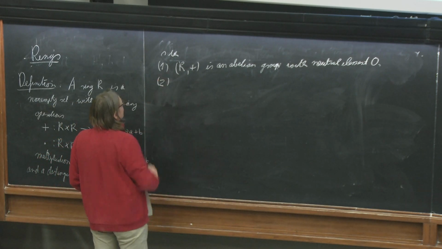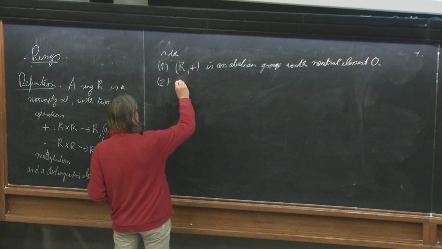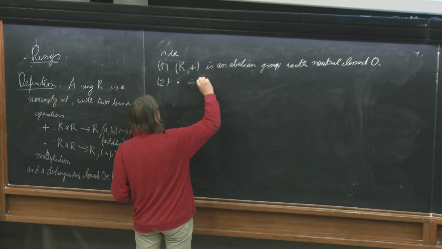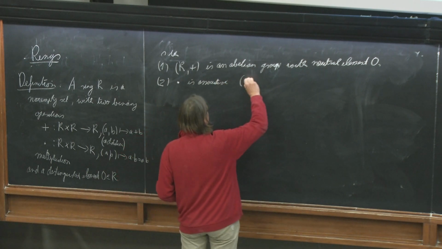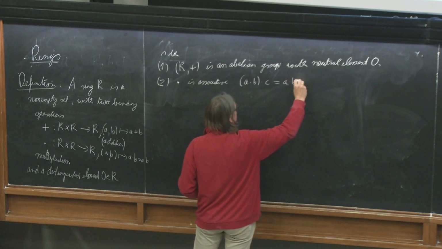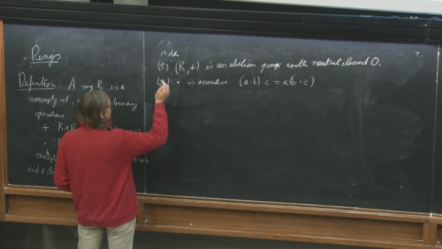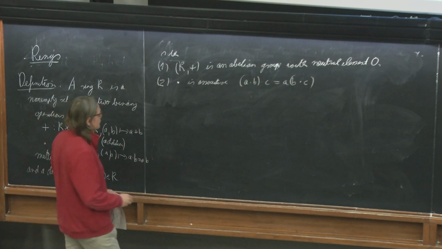And then for the multiplication, we require much more. We require the associative law: (A times B) times C. And now there's no connection between addition and multiplication. That's maybe not so great.